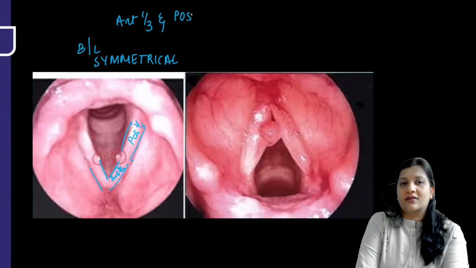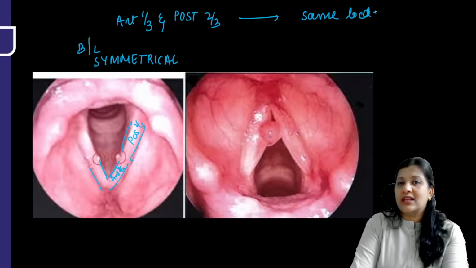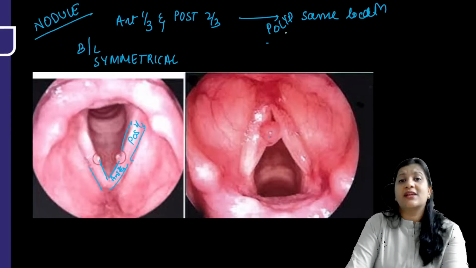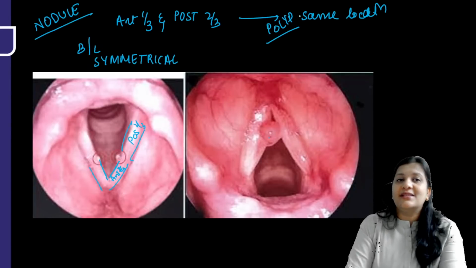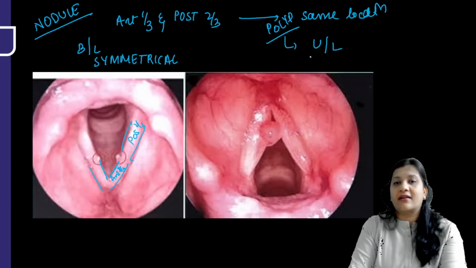A vocal polyp also will be present at the same location, because that's the point of maximum vibration and trauma. But a vocal polyp is typically a unilateral, single lesion.